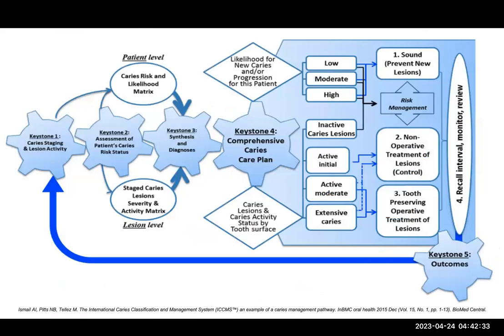So it works on five keystones. First keystone is caries staging and lesion activity, in which you do the examination of the child.